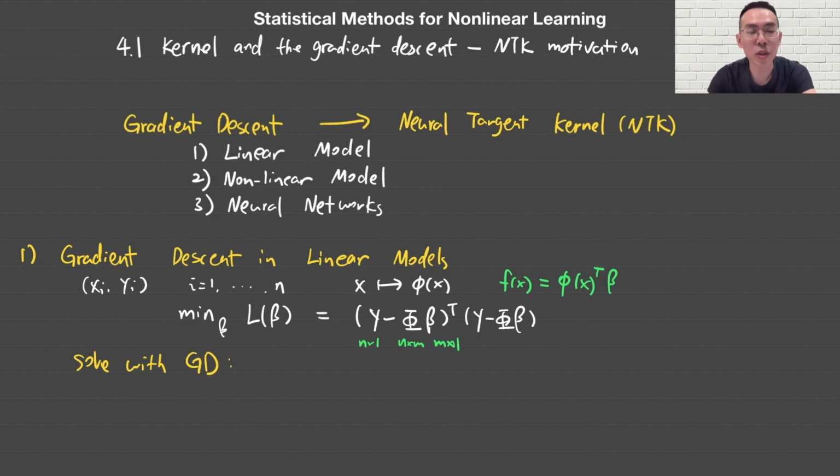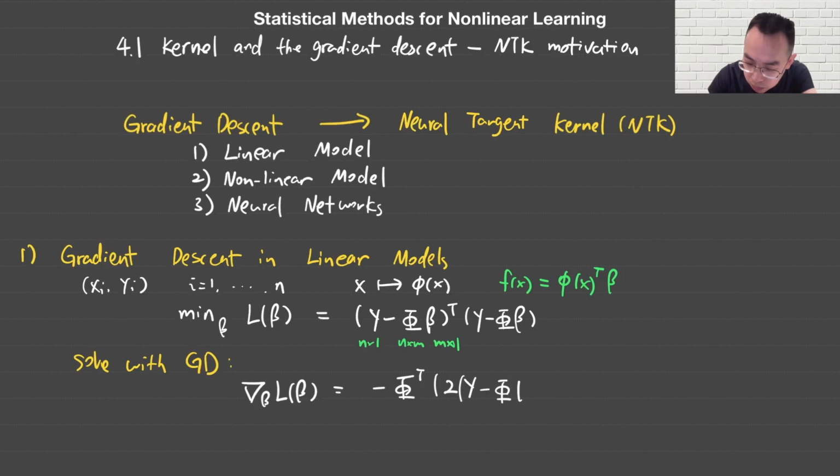The first thing we can do is compute the gradient for the beta vector. The gradient of L of beta equals minus phi transpose times 2 times y minus phi beta. Then we plug the gradient vector into the gradient descent formula.